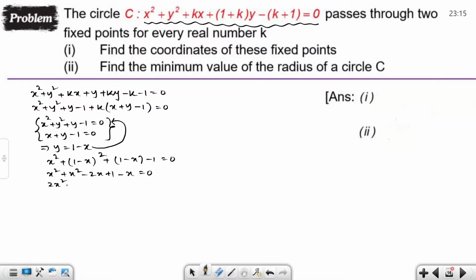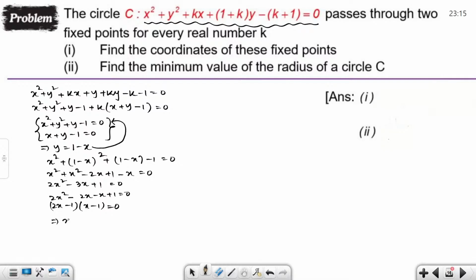Two x square minus 3x plus 1 equals to 0. So if we factorize, so we are going to have 2x minus 1 into x minus 1 is 0.